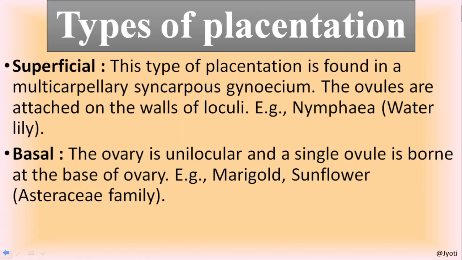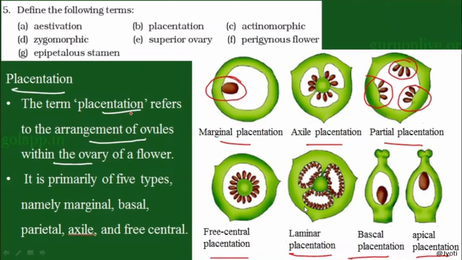Okay, then the other type of placentation is superficial, also called laminar placentation. This type is found in a multicarpellary or polycarpellary syncarpous gynoecium. The ovules are attached on the wall of the locules. So here you can see, this is the axis of the ovary.